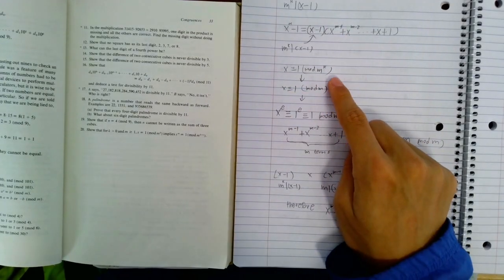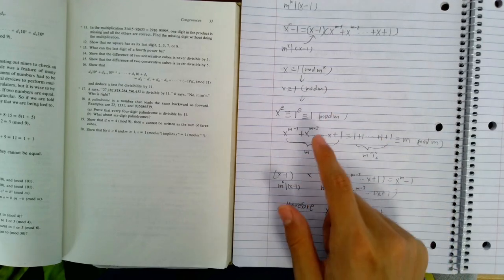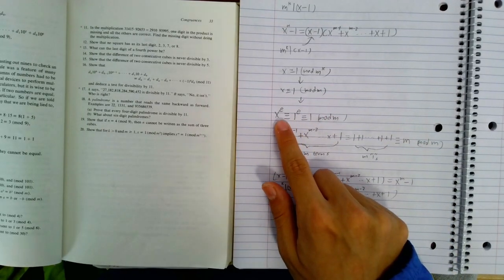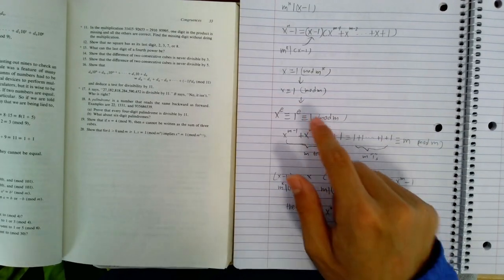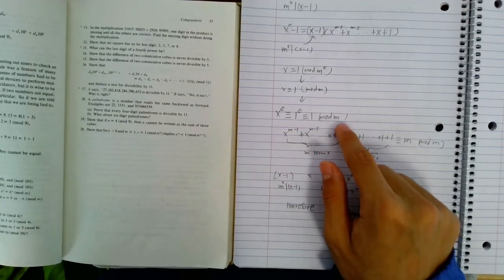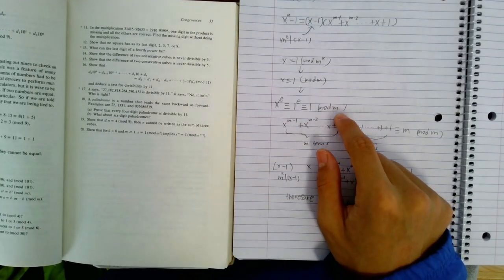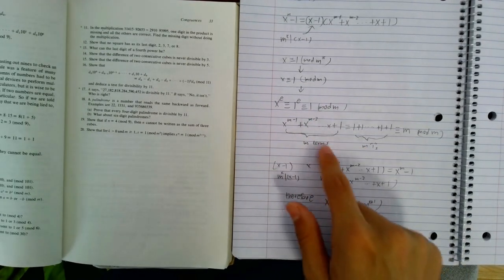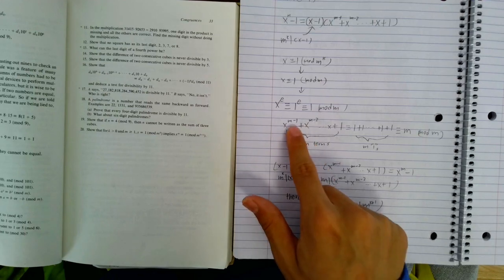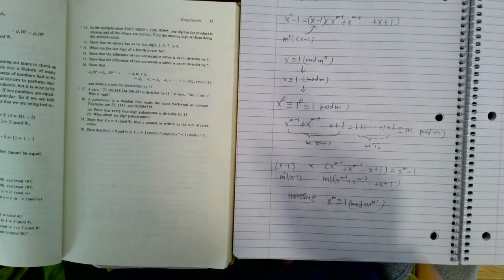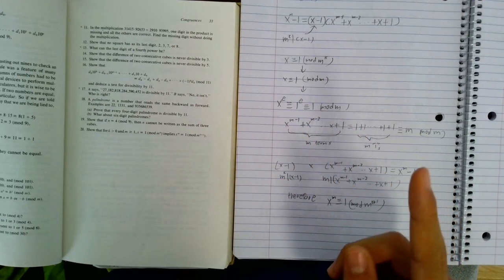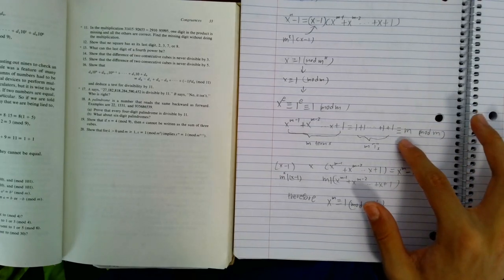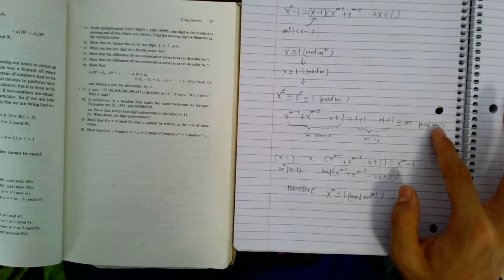So we can reduce this congruence here to this. And we know that x to any power is going to be congruent to 1 modulo m. And it is just like this. There is a total of m terms, and each one of the terms is congruent to 1 modulo m, which means they add up to something divisible by m.